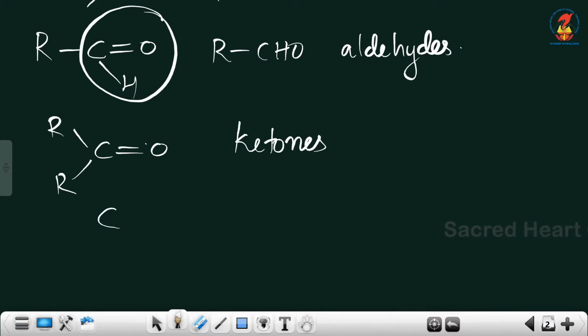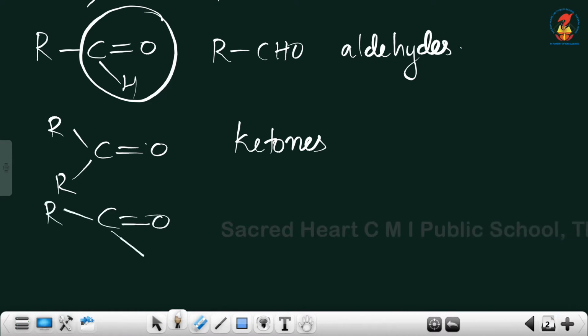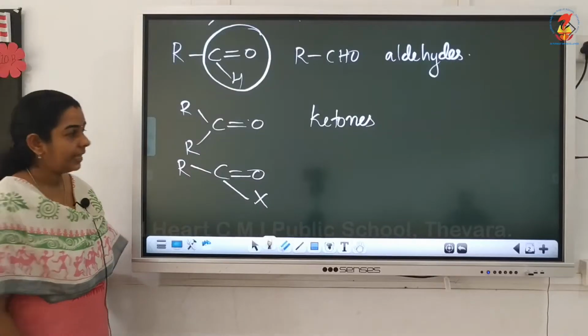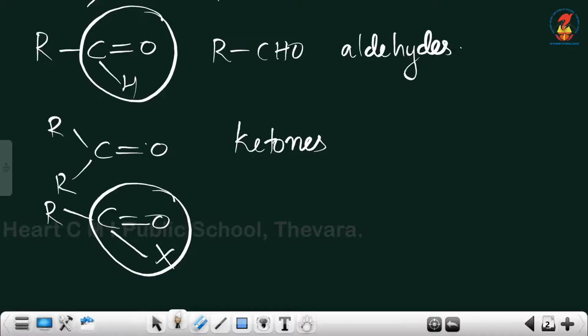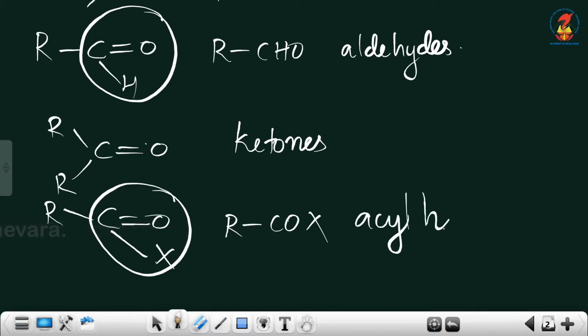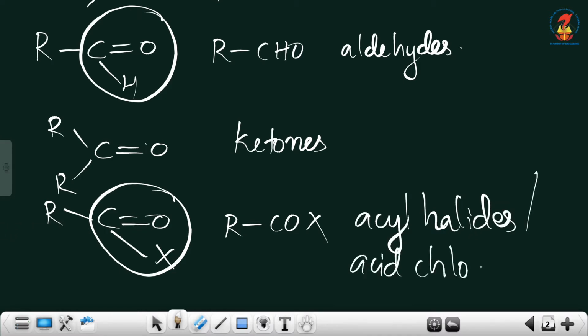Then, if the C double bond O group is surrounded by one alkyl group and one halogen atom, then it can be written as RCOX, known as acyl halides or acid chlorides.